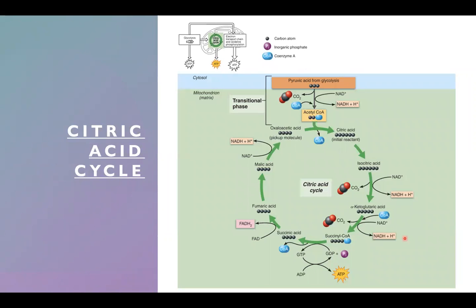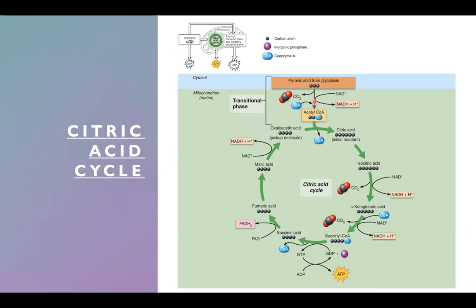So let's go into step 2 of cellular respiration. This is the citric acid cycle. Before we enter the citric acid cycle, we're going to go through a little transitional phase. Sometimes it's its own separate step, but often you'll see it combined into the citric acid cycle, and this is how your handout looks as well. It has this transitional phase at the top, taking the pyruvic acid from glycolysis and turning it into acetyl-CoA.